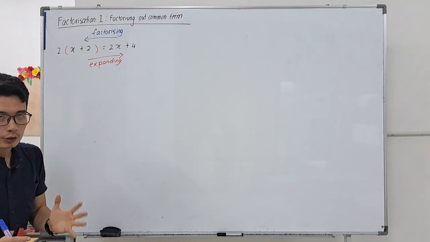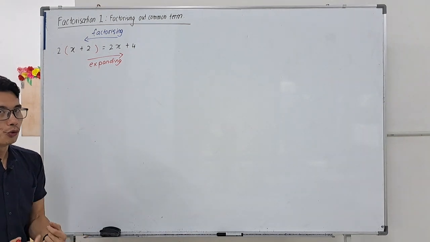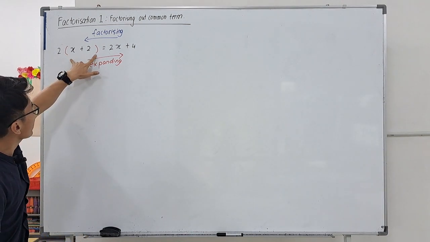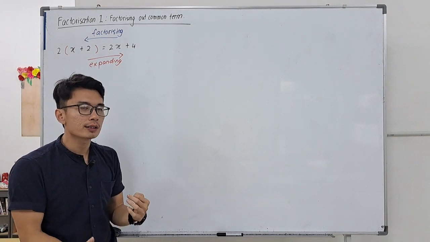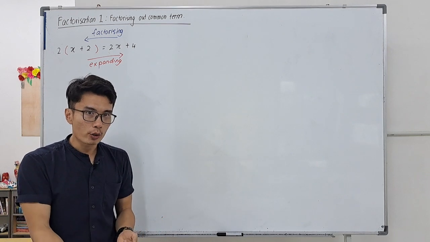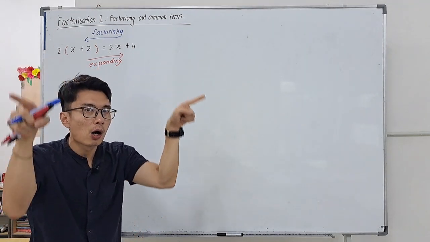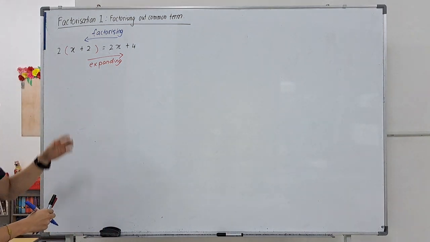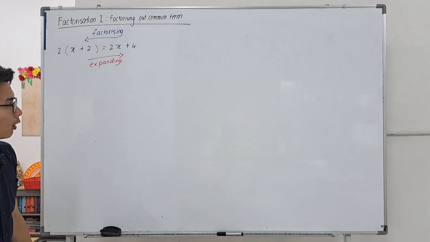Now, when we are factorizing an expression or an equation, you will notice a bracket will be added. Always remember this. When you are factorizing an expression or an equation, we will be drawing back our brackets. So that is basically what factorization is, adding back brackets.